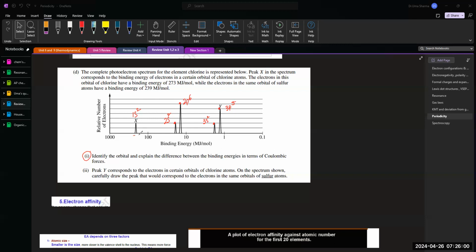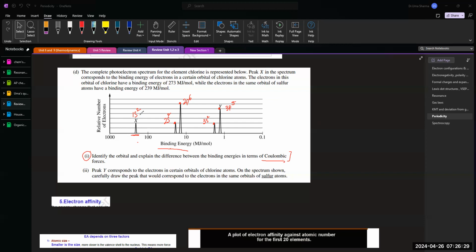This is closest to the nucleus in terms of Coulombic forces of attraction. The one which is closest to the nucleus has the strongest attraction with the nuclear charge. So they are the hardest one to get removed. That's why the energy needed is called binding energy, the energy with which it is bound to the nucleus. Energy needed is very high. So you can explain this the way I'm using the language.